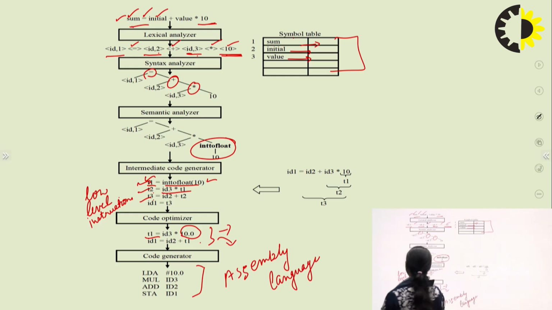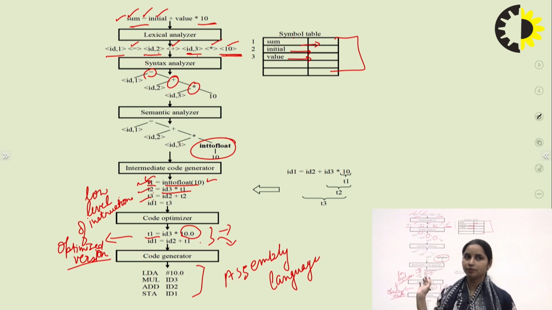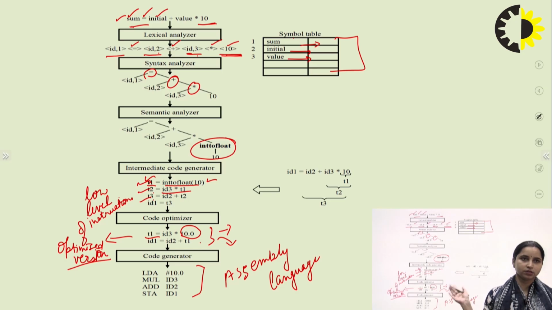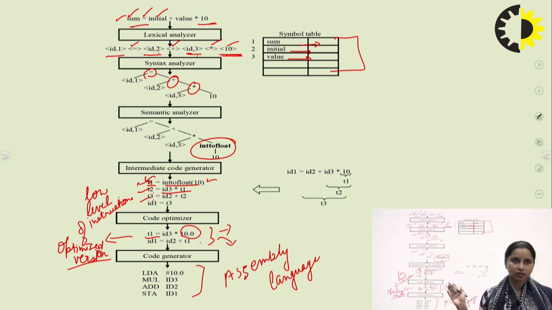This is also a low level instruction, but of the optimized version. Right. So these are the phases, and you can understand here that these are the 6 phases. This is a very apt example showing how these phases work and how the compilation job is done.